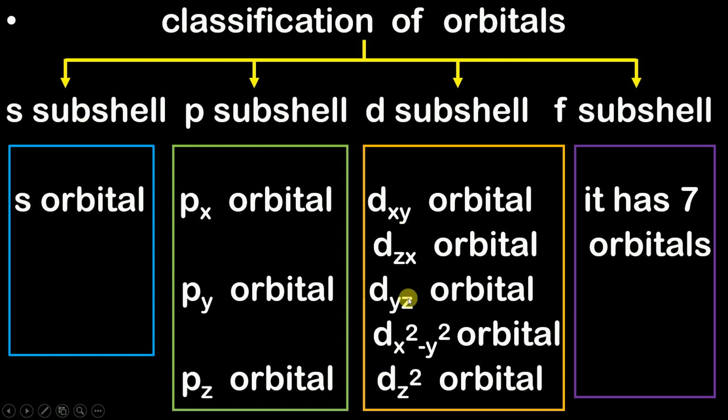Now let's move ahead. Whatever I am going to tell you, you must know and remember till the end of this video. If the value of l, which is the azimuthal quantum number, is 0, it corresponds to the S subshell.